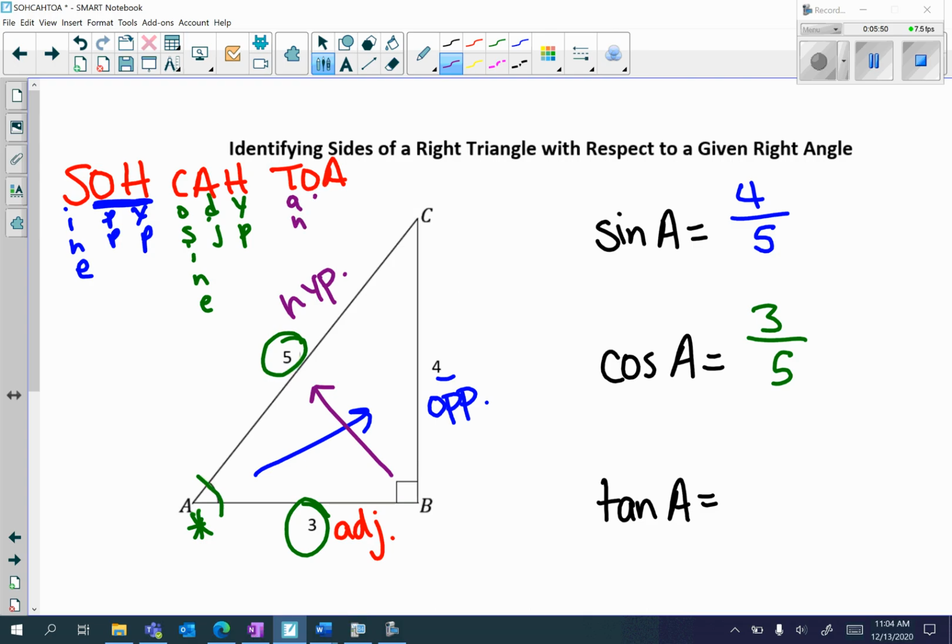Tangent is TOA, so that's opposite over adjacent. So my opposite is going to be 4 over my adjacent, which is 3. So tangent of A is equal to 4 over 3. Don't forget to use SOHCAHTOA.